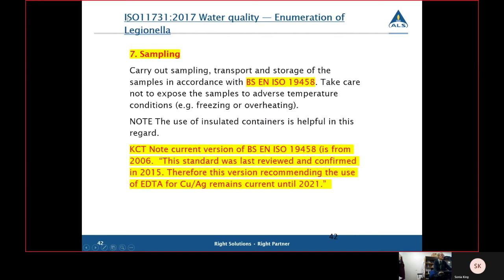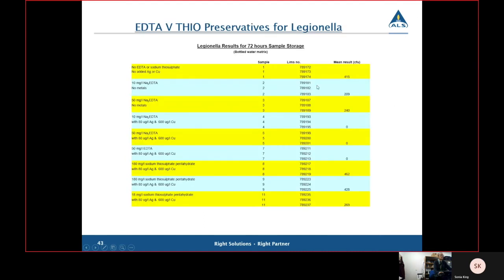So this is the ISO 17031, as I said earlier, which recommends using this out-of-date standard. So I won't bother. This is just a quick slide to show how the EDTA and the sodium thiosulfate neutralize Legionella.